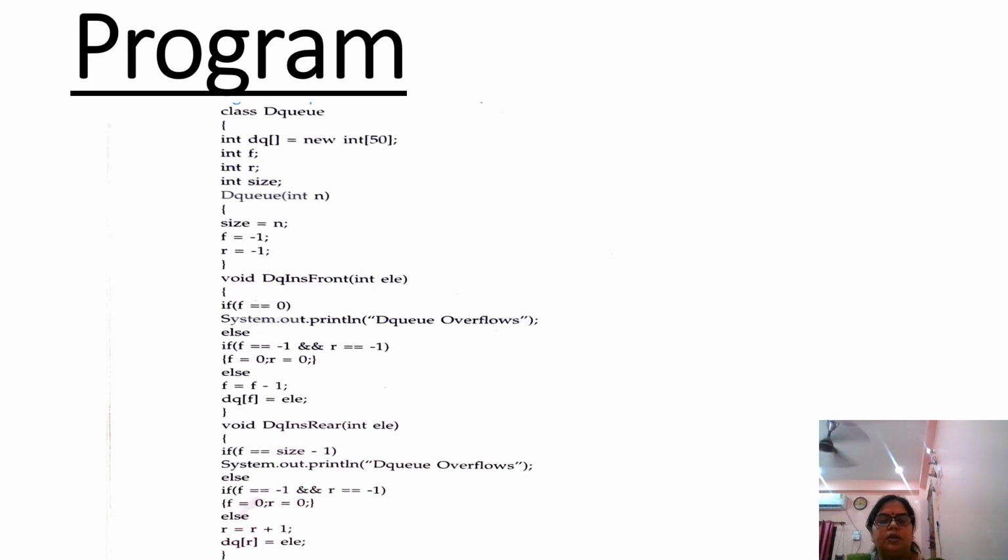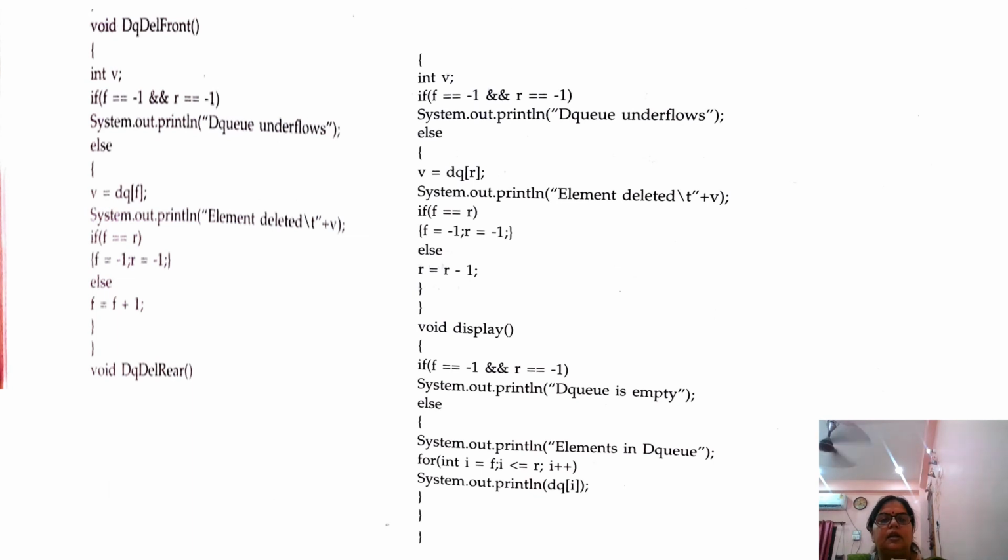We have to take the size here. Here is insertion at the rear, and here deletion at the front, and next is deletion from the rear. So all four processes have been processed in this program.